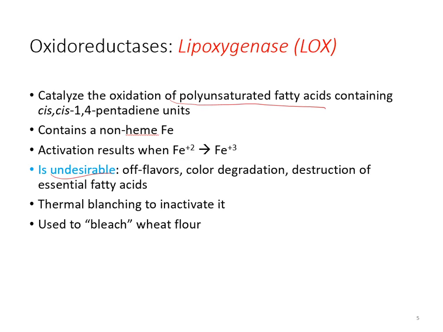Soybean and other oilseeds and some grains have lipoxygenase, which causes rancidity. It contains non-heme iron and it's activated when ferrous iron is converted to ferric iron. It can be inactivated by using a heat treatment, such as thermal blanching.